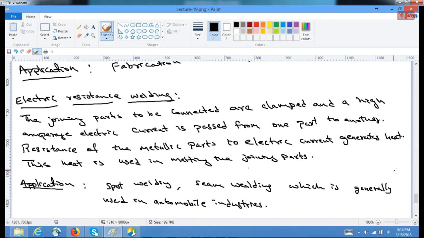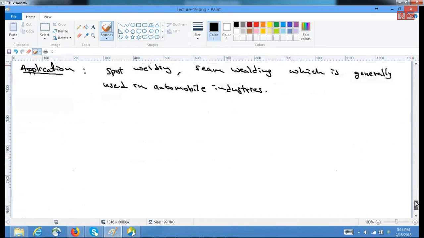Now this is a lot of literature that we have studied. Now we'll talk about different types of joints, and once we study different types of joints, we'll talk about the strength of those kinds of joints. The first joint is a butt joint.